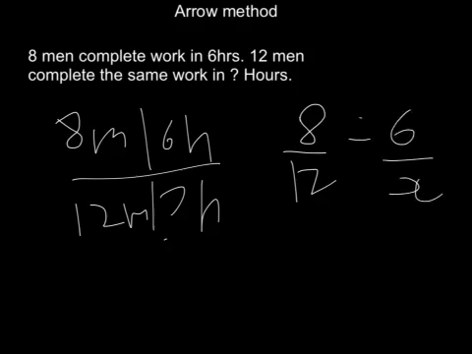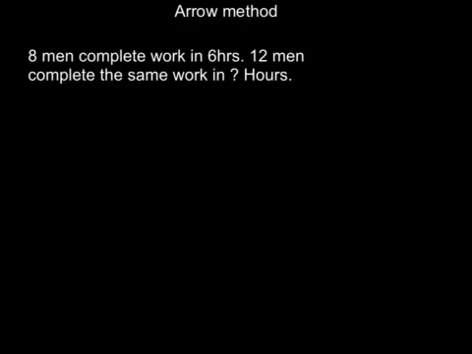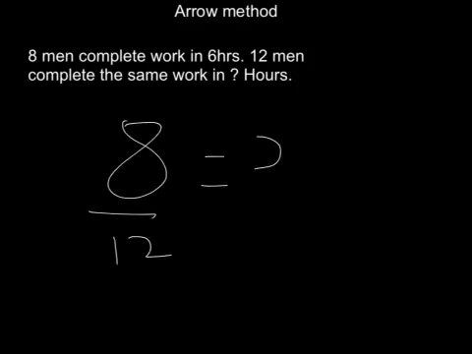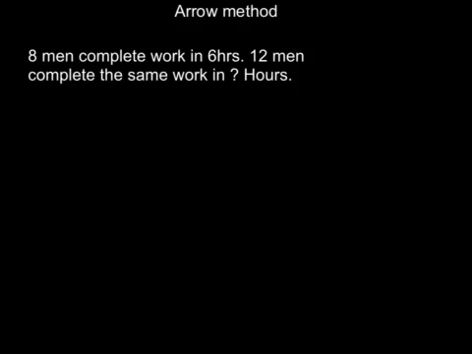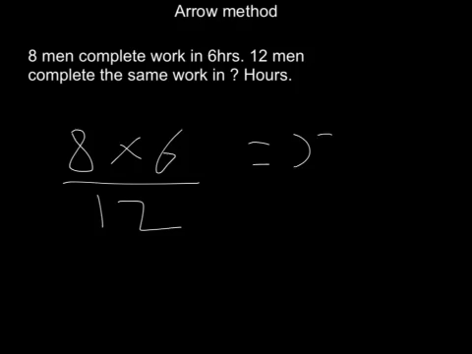And since this is inverse variation, we have to change it and make it 8 over 12 equals x over 6. And we have to bring 6 up over here. And now we write 8 into 6 over 12 equals x.